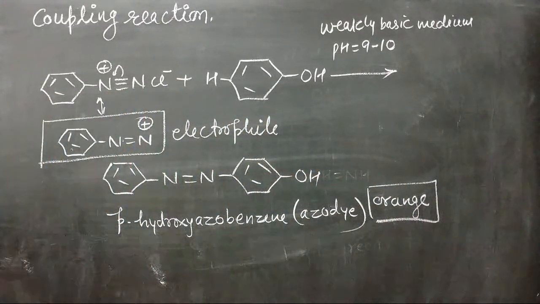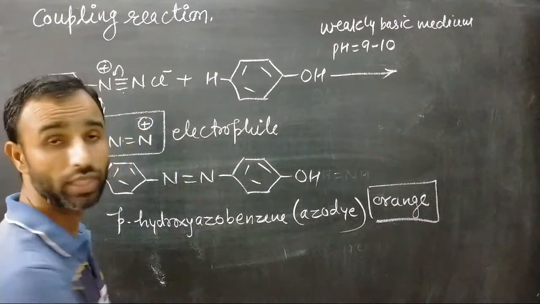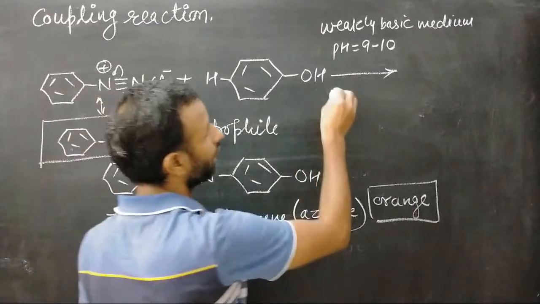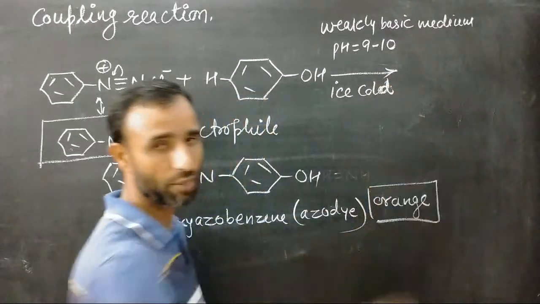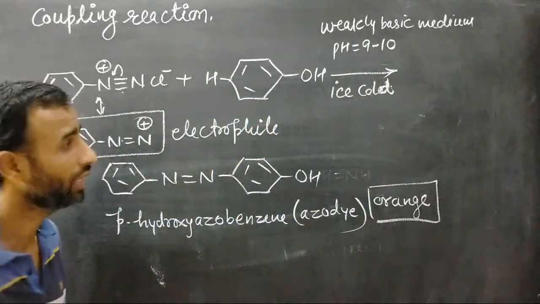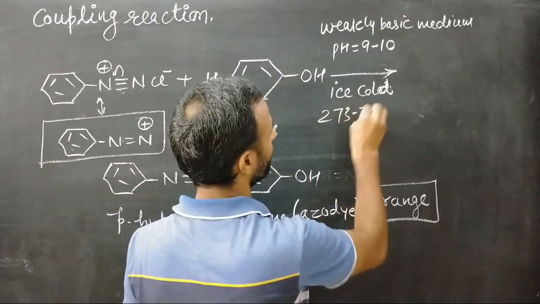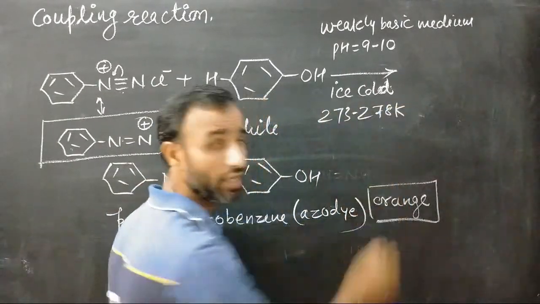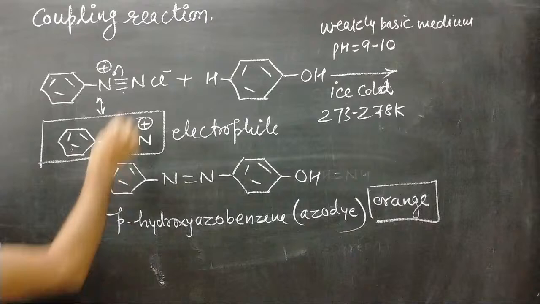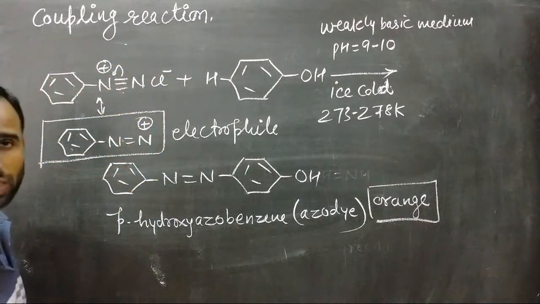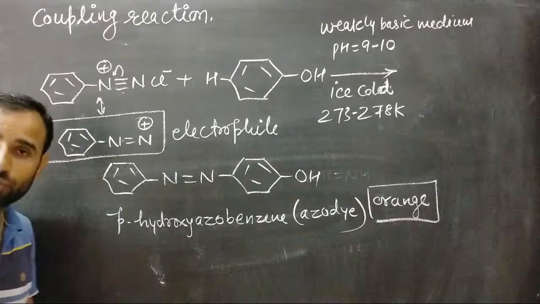Okay, done. So this benzene diazonium chloride is stable only in ice cold solution, meaning temperature 273 to 278 Kelvin, and that is attained by placing the beaker containing benzene diazonium chloride in an ice bath.